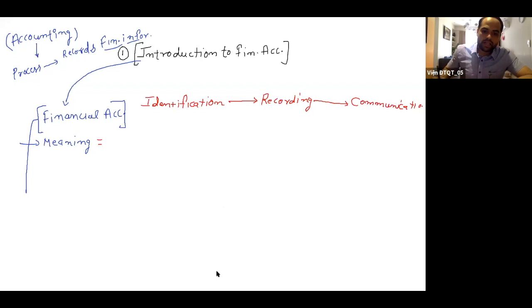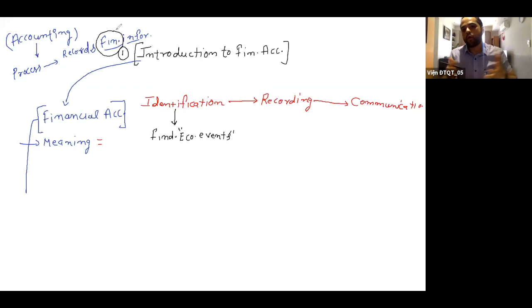Now, what does identifying mean? Identifying means finding any kinds of economic events. Economic events means any events which have a monetary impact on the company.